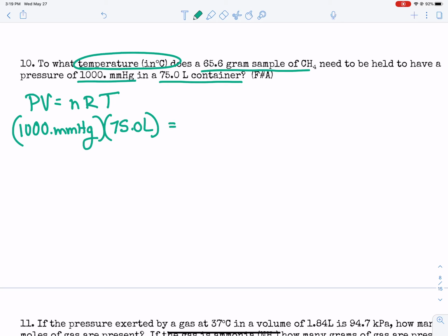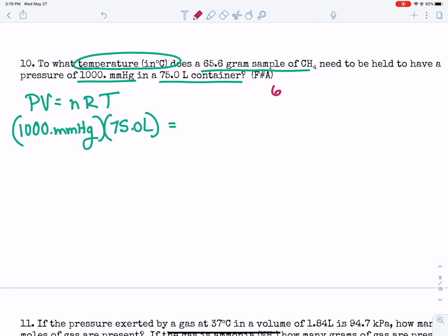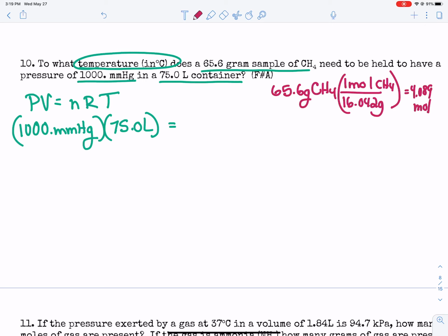What's my number of moles? I don't know that right now, but I know that 65.6 grams is the gas in there, and that it's methane gas, CH4. And I can convert that to moles. 1 mole is 16.042 grams of CH4, and that equals 4.089. So that's my n, 4.089 moles.